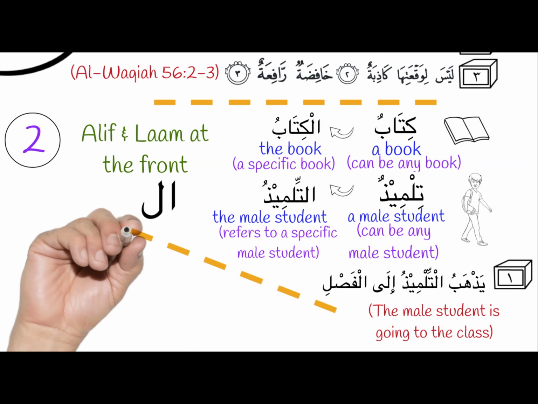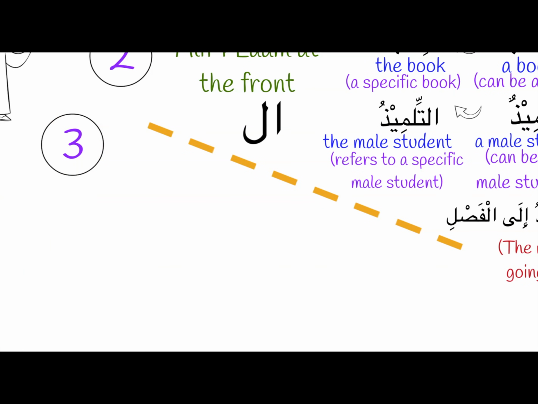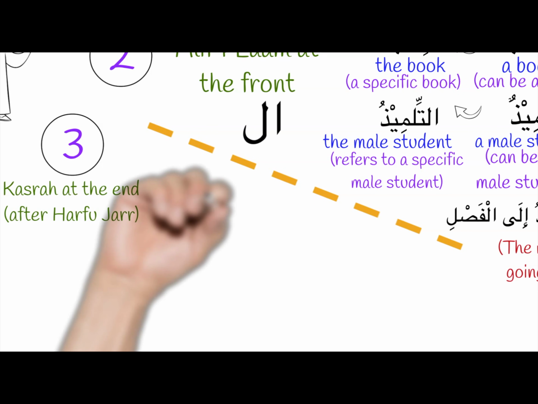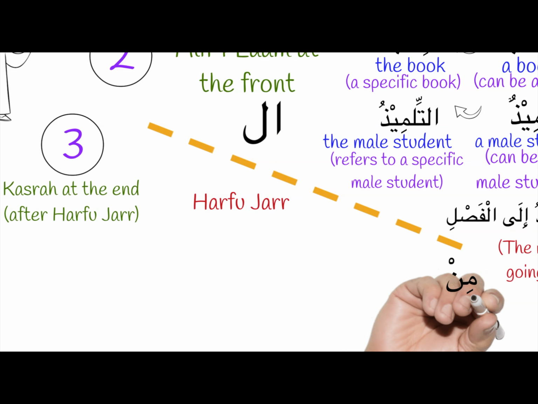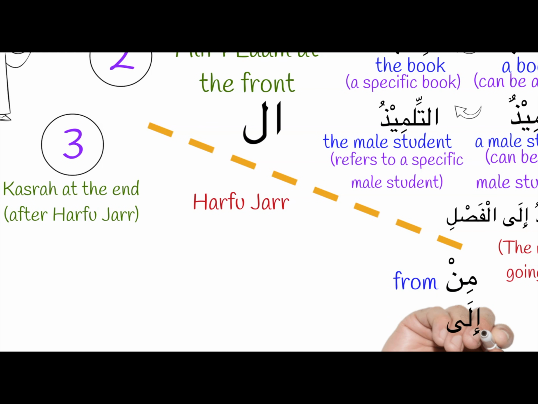The third sign that indicates a kalima to be an isim is the sign of the kasrah at the end of the kalima, and the kalima is after a harful jar. A harful jar is a group of hurufs or particles that will make the kalima that comes after it be in a jar position, and one of the signs of being in a jar position is having a kasrah. These are some of the common harful jar.